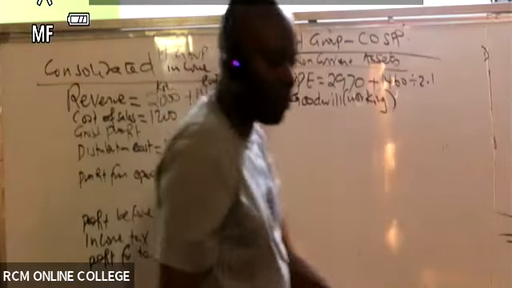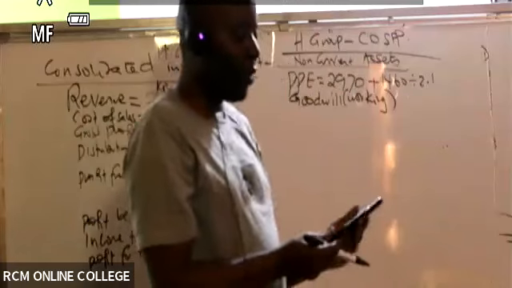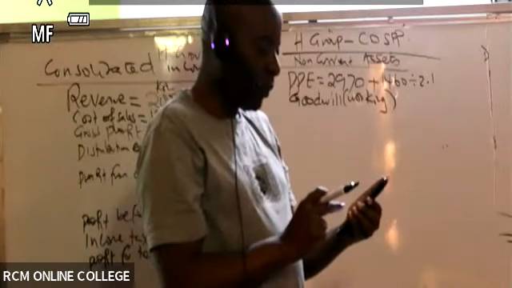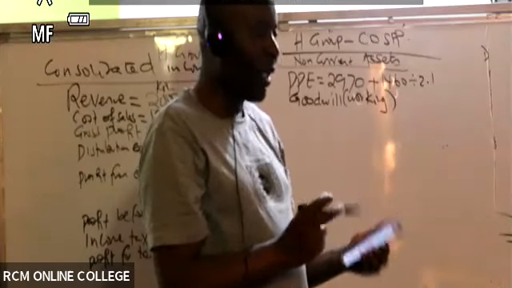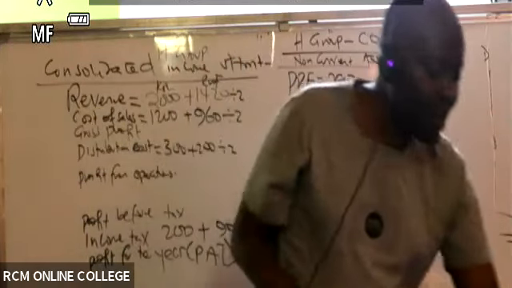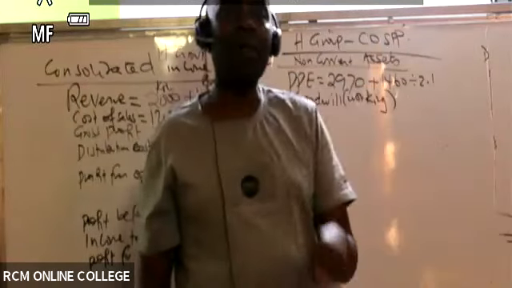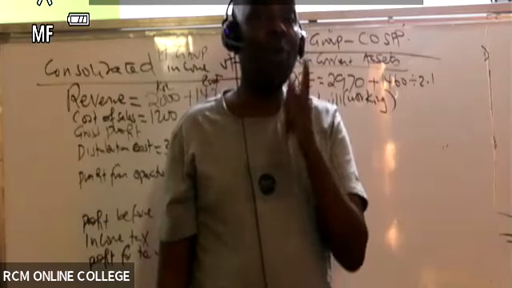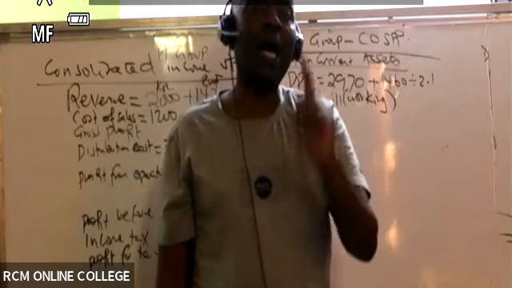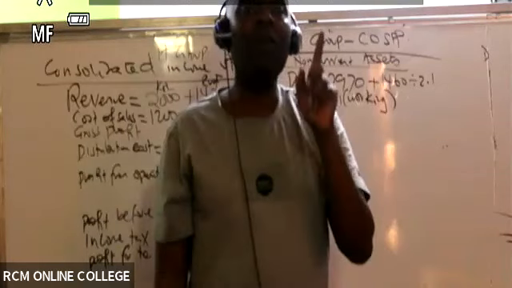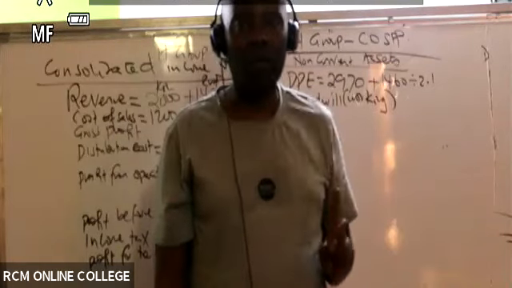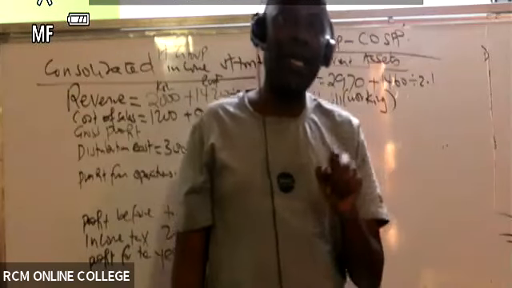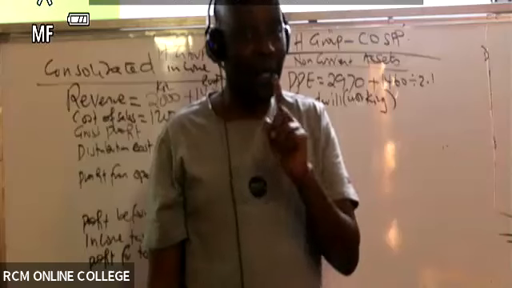Then, ladies and gentlemen, after goodwill, what else? So they're giving us a loan to S Limited. Remember that this is our subsidiary. But the most important thing you are supposed to know, according to IAS 21, whenever you give your subsidiary a loan, you must always give us foreign exchange loss or gain.